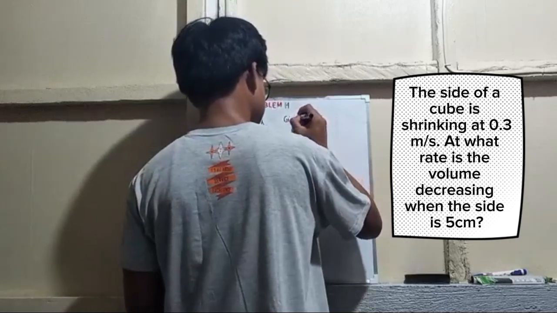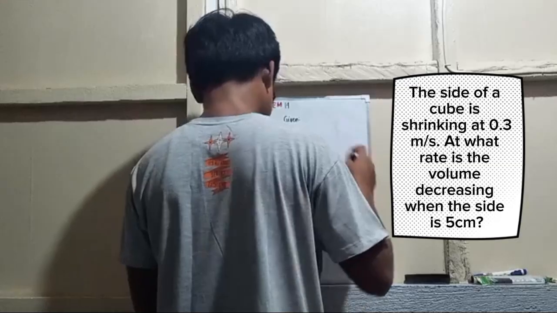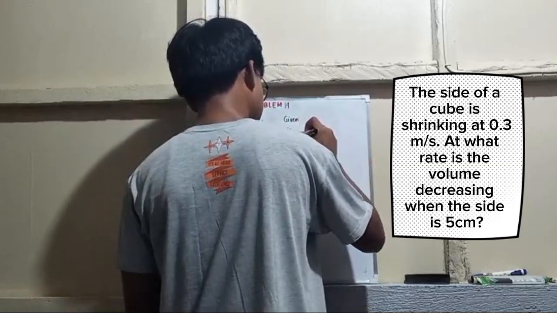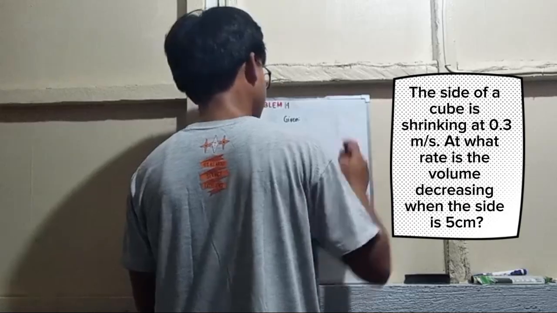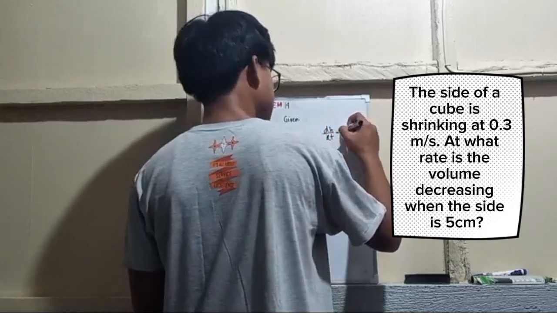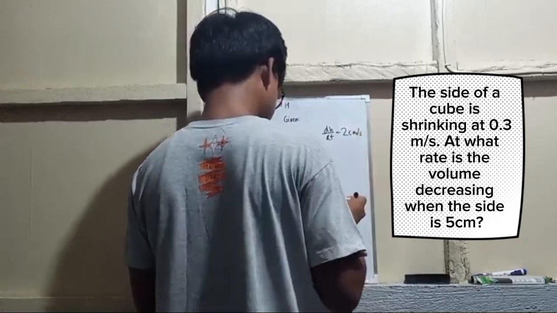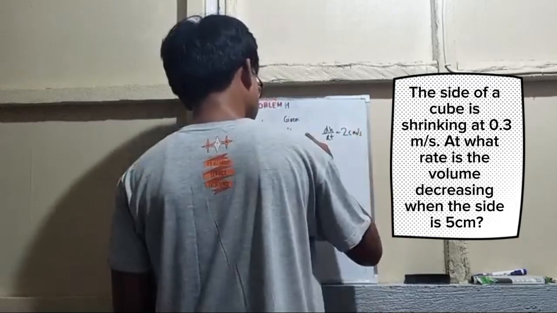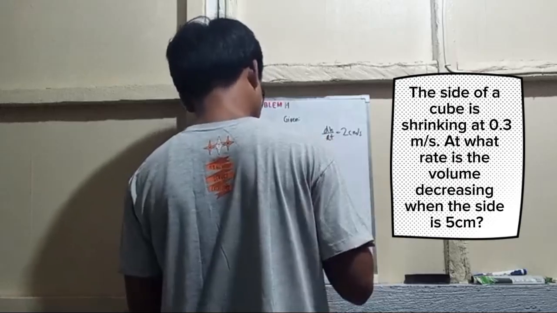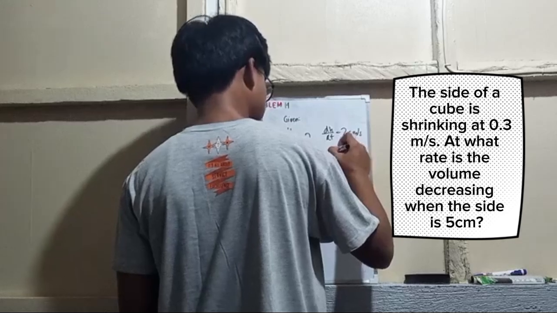So we'll have the rate of the base as 0 and our height dh over dt as 2 centimeters per second. Then it is also mentioned that our height is equal to 12 and our base is equal to 10.